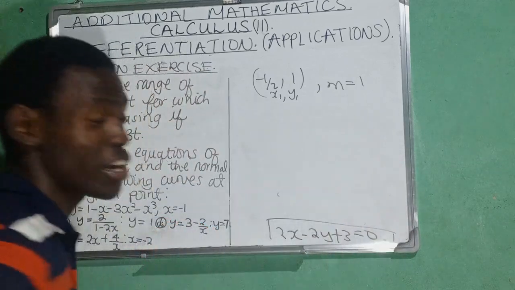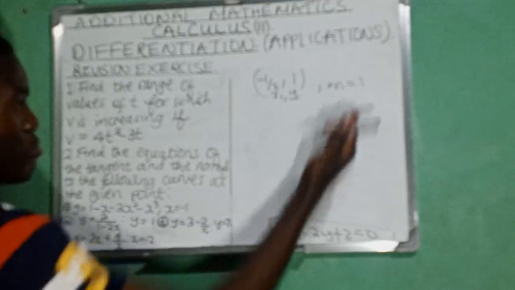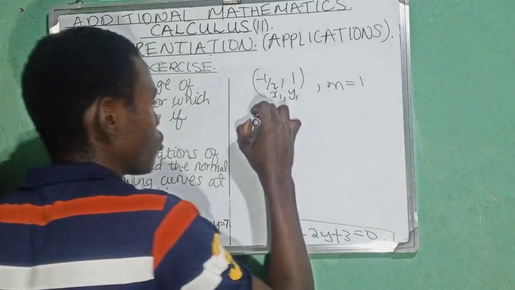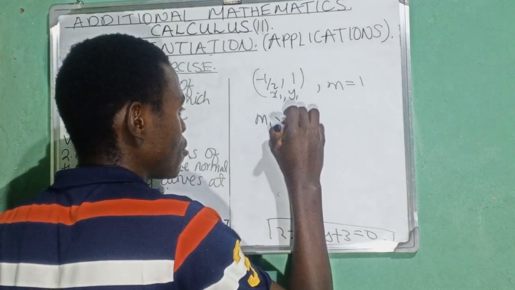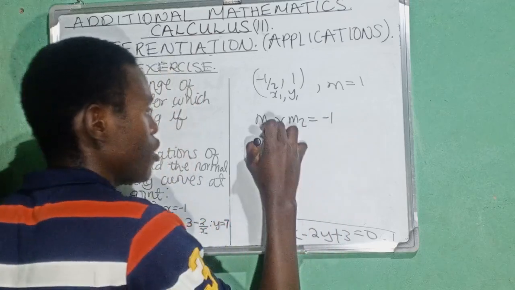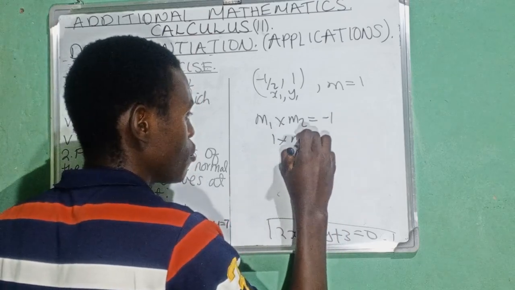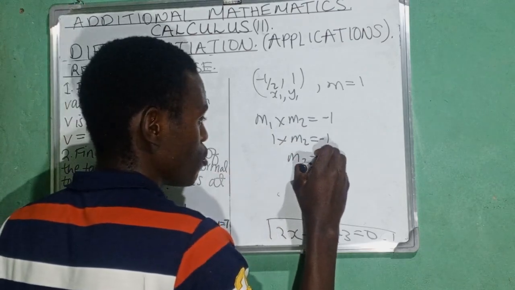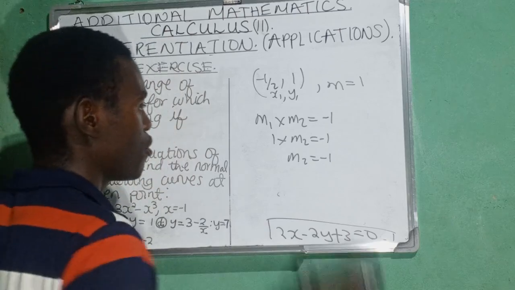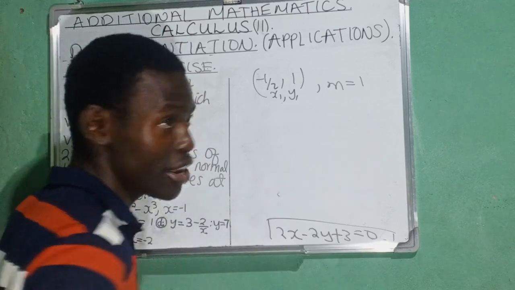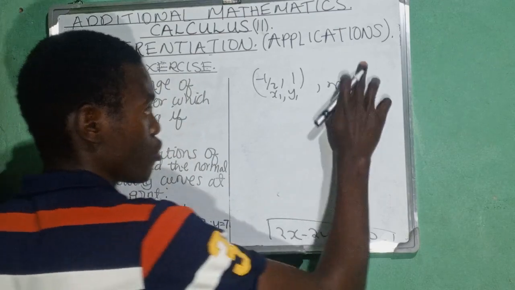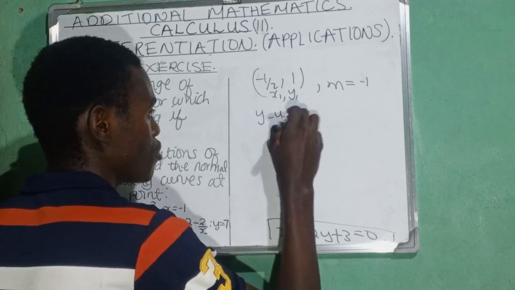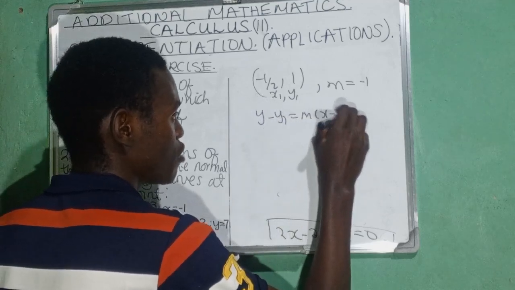And then we're going to use the product of perpendicular lines. So this m that you found is going to become your m1. So m1 times m2 is equal to negative 1. So 1 times m2 is equal to negative 1. So m2 is equal to negative 1. So your new m is negative 1. So y minus y1 is equal to m multiplied by x minus x1.